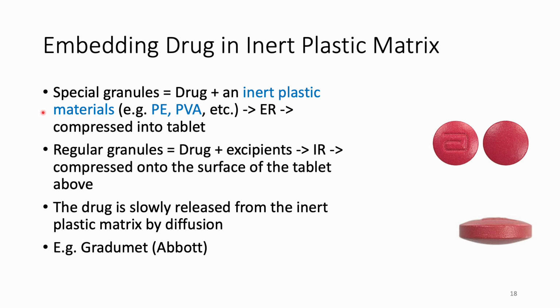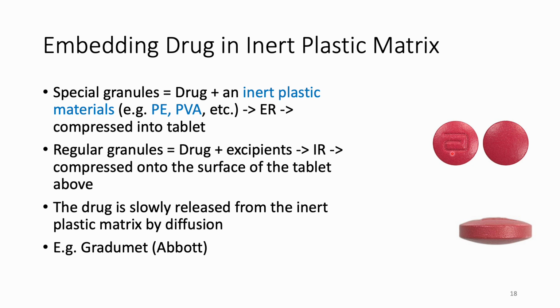Then there are some special granules, and these special granules include drug and inert plastic materials, for example PE or PVA. These kinds of plastic will be coating the granules, and then they are compressed in the center of the tablets. Two kinds of granules will be mixed together to form the tablet.